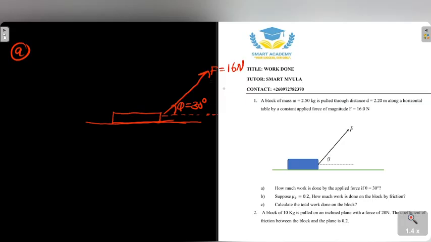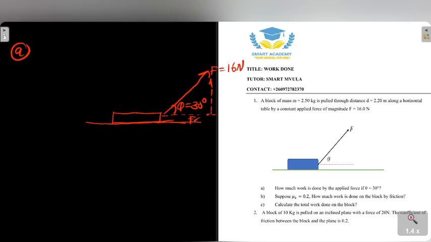To calculate the work done by the applied force, remember the movement of this block happens in the x direction. Since the force is applied at an angle, it has two components, the x and the y component.